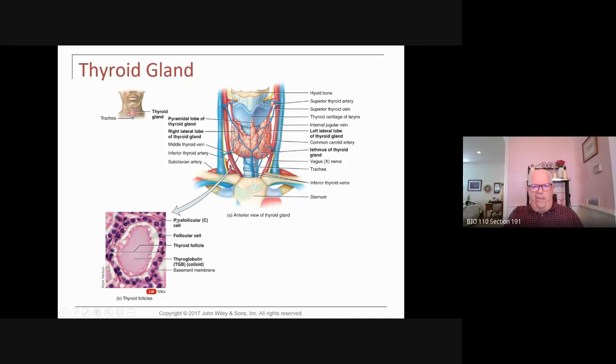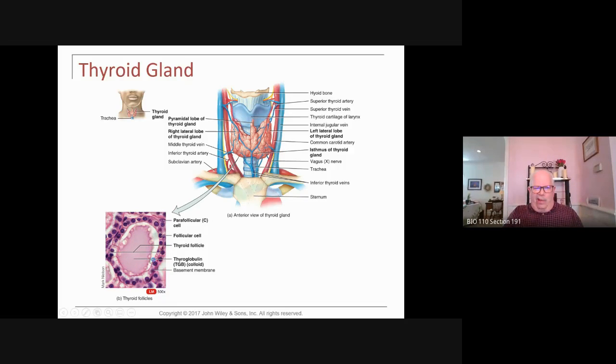Here is the parafollicular cell, which produces calcitonin, and here is the follicular cell that produces T3 and T4. The thyroid hormone that is produced, which is T3 and T4, whenever you say the word thyroid hormone, you're talking about both T3 and T4, okay?